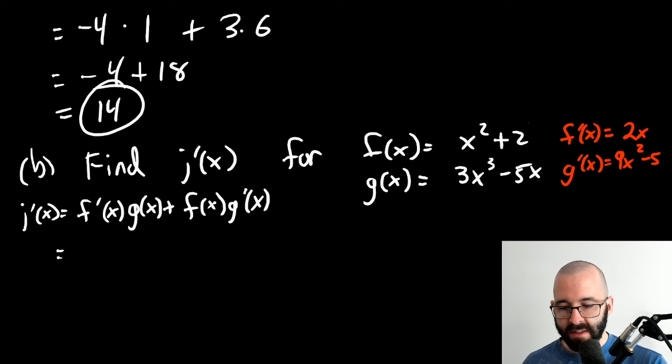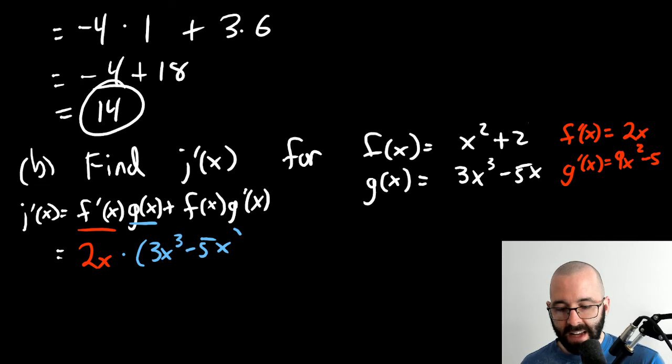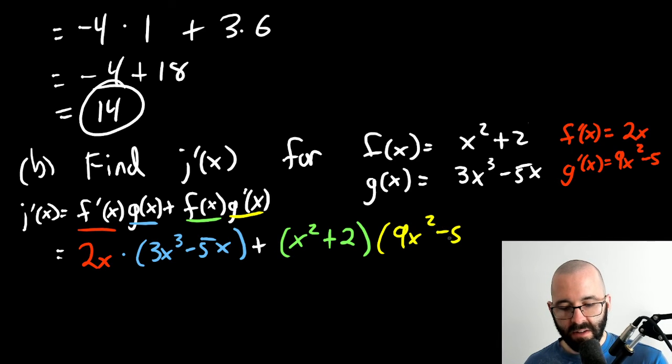What is f prime of x? f prime of x is 2x times g. What is g? 3x cubed minus 5x. Now we need parentheses, right? Because f gets multiplied by the entirety of g. Plus, what is f of x? f of x is x squared plus 2 times g prime of x, which we said was 9x squared minus 5.